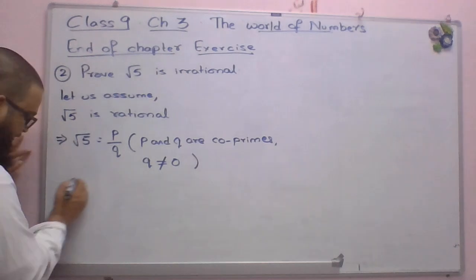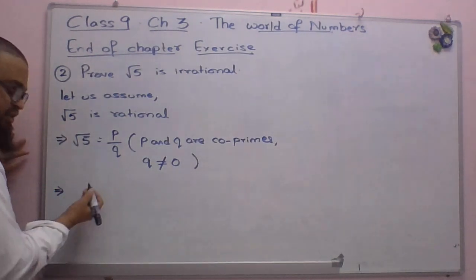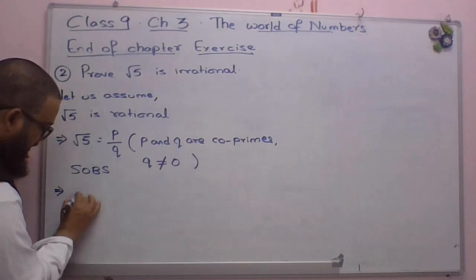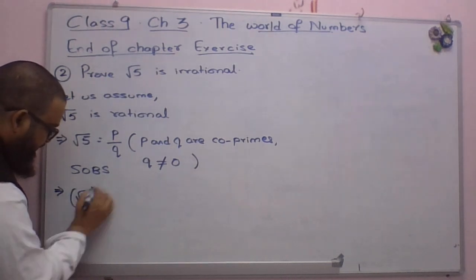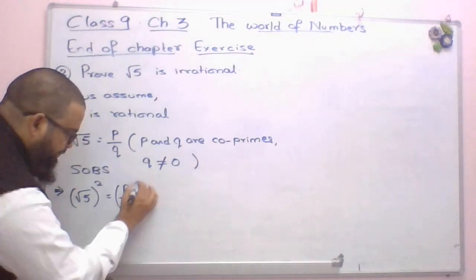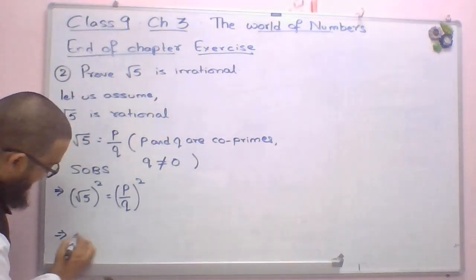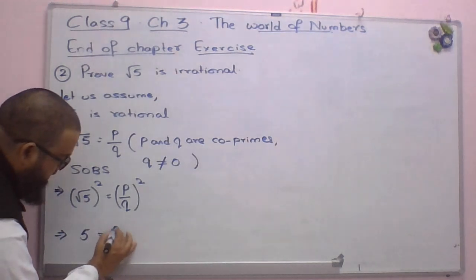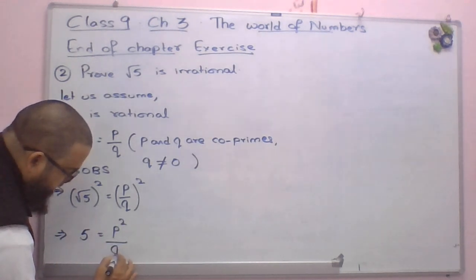Now after that, what to do? Let us square on both sides. So that means root 5 whole square equals p by q whole square. So what is root 5 whole square? Square and square root will get cancelled, and 5 equals p square by q square.